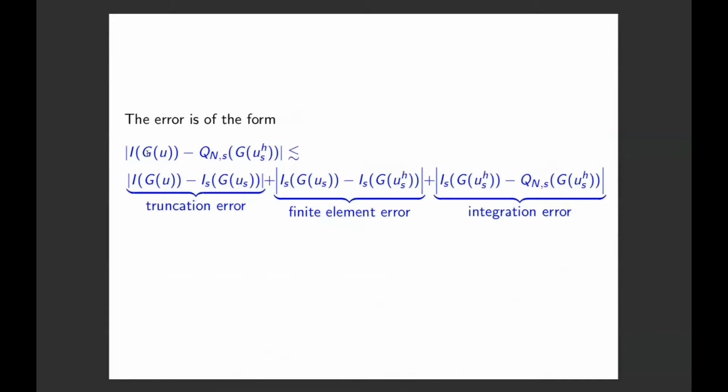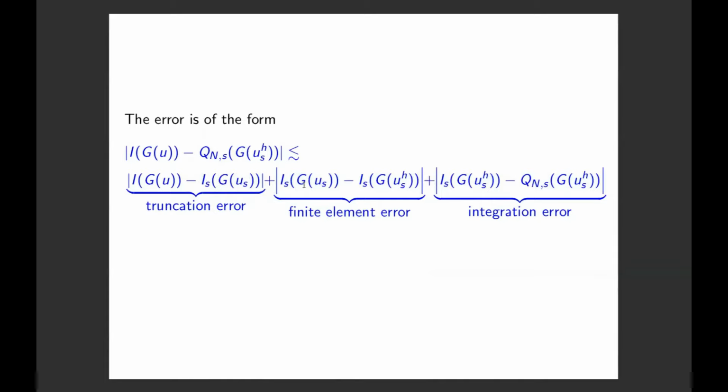As we have seen, the error is of this form here, and by adding and subtracting some terms and using the triangle inequality, we obtain these three terms. The first term is the truncation error. It's just the exact value minus the solution of the PDE where we truncate the random coefficients after s terms.